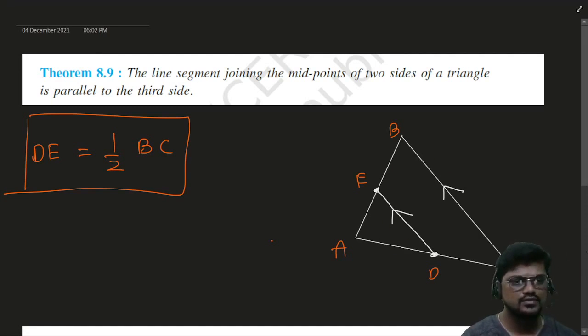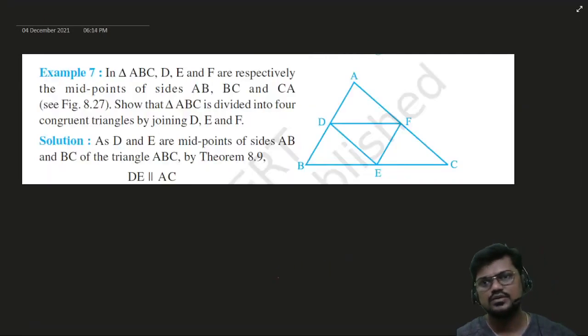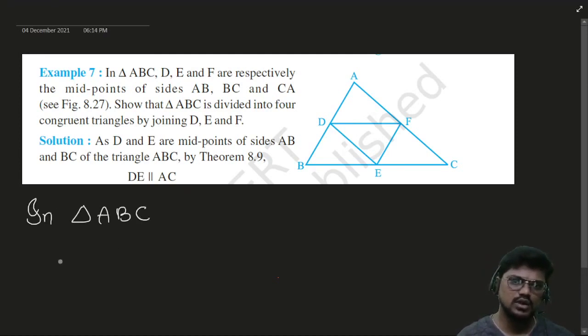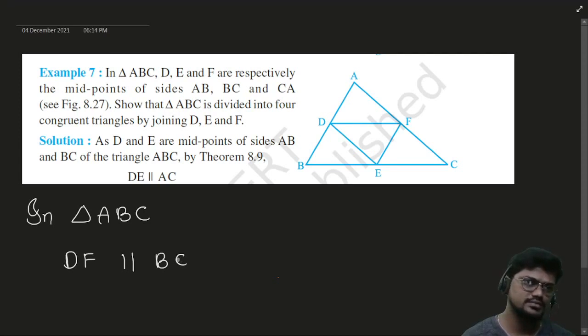Okay, fine. Now over here, in triangle ABC, DF is parallel to BC because they all are drawn as the midpoints. DF is parallel to BC, and DF will also be half of BC.